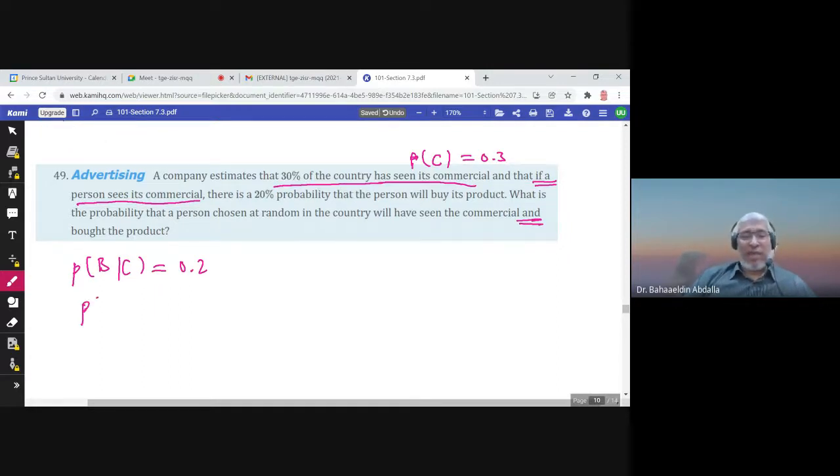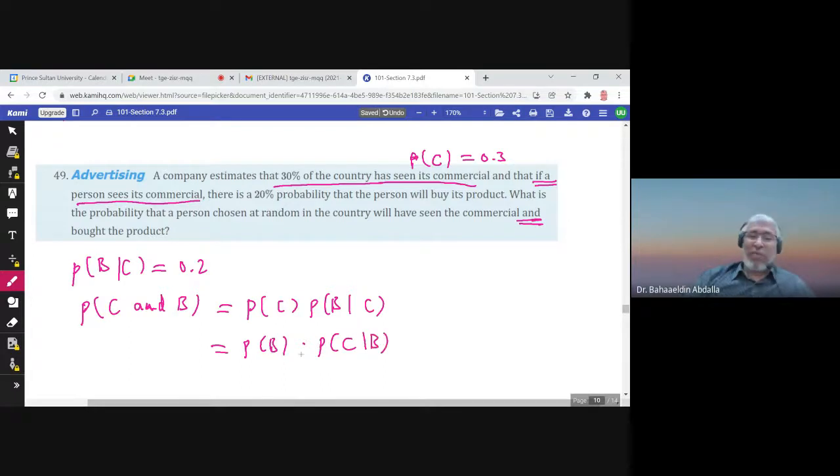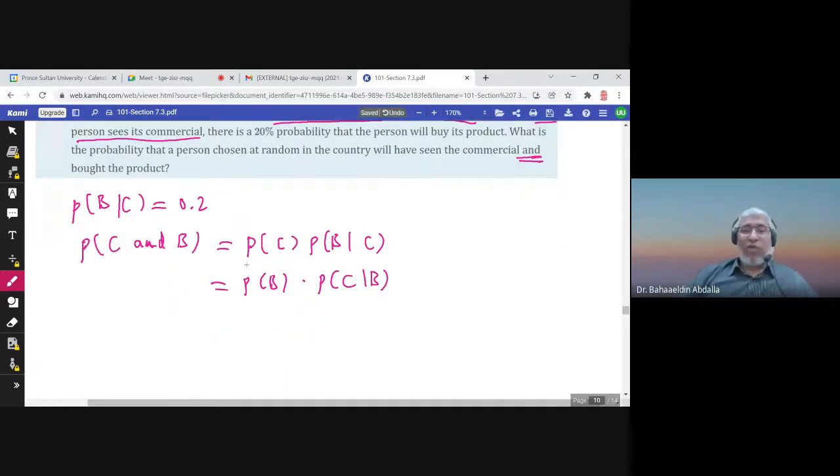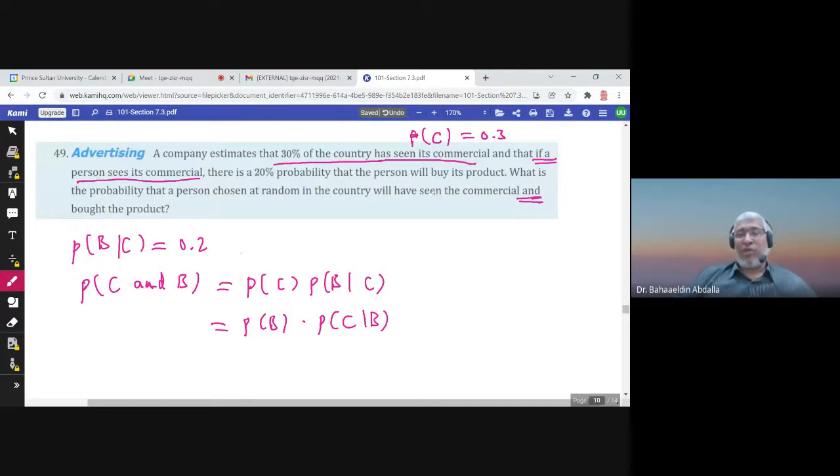So he is asking about seeing the commercial and buying the product. So the probability is P(C) times P(B given C), or P(B) times P(C given B). This is the definition of the product rule. Which one do we have in the question, P(C) or P(B)?